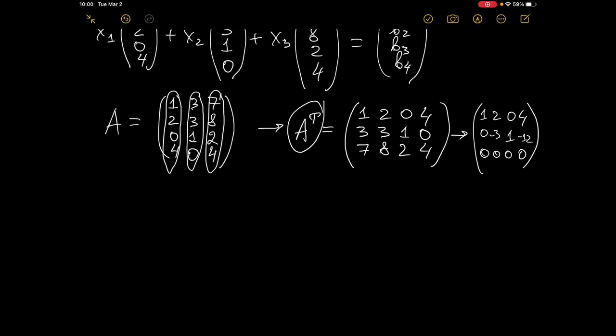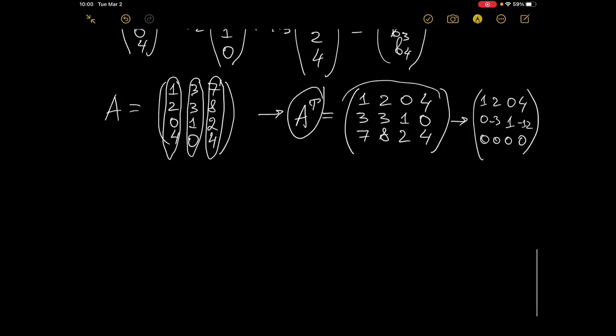Two. Exactly, 2. And because we know that elementary row operations don't change the row space, the row space of this matrix and the row space of this matrix are equal. We have proven this before.